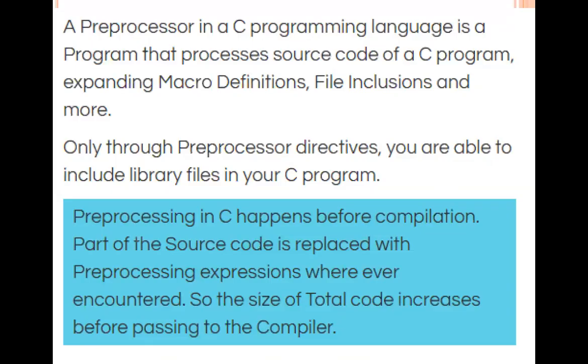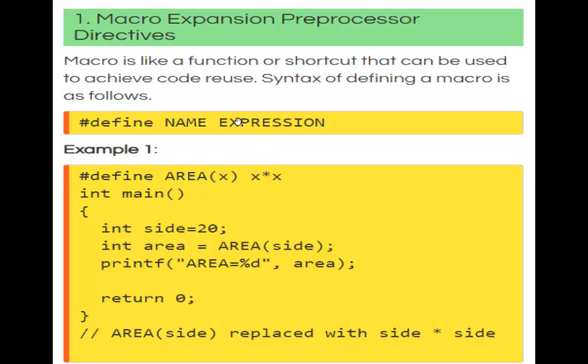The first thing the preprocessor does is macro expansion. We'll be calling them macros. Macros are like functions or shortcuts that can be used to achieve code reuse. Basically macros are written at the start of the program, before main, to define some constants.